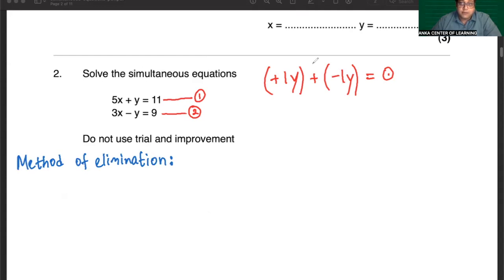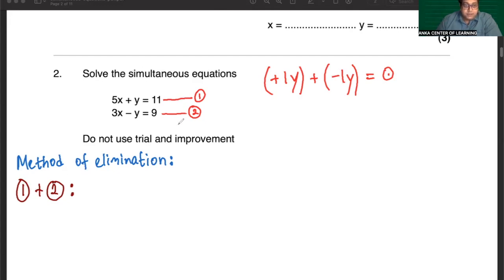In this case, I'm going to eliminate y. I'm going to consider equation 1 plus equation 2. If you recall, for the previous question, we had equation 1 minus equation 2, but in this case, we are going to write equation 1 plus equation 2.